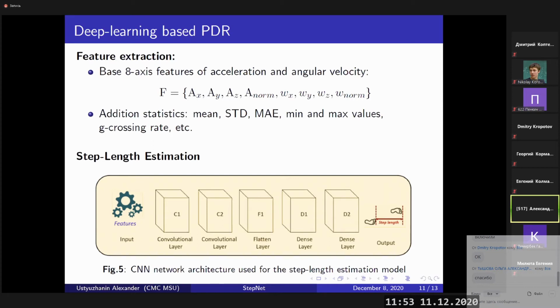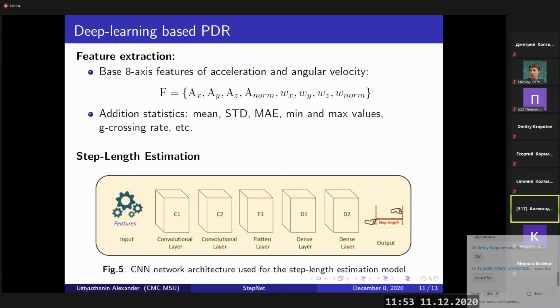And let's move on to step length estimation. It's a typical CNN-based architecture that's considered for this task. The input to the first layer, C1, is the features calculated on the sensor measurements. It has 32 units with ReLU activation. The parameters of these layers are not really important.